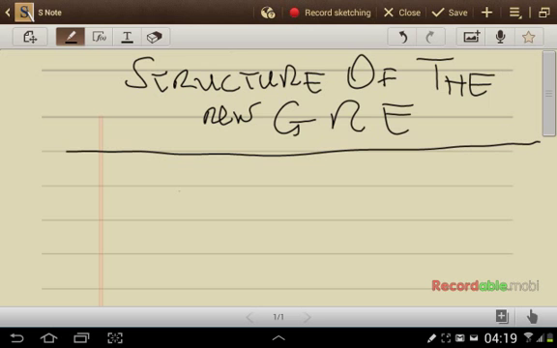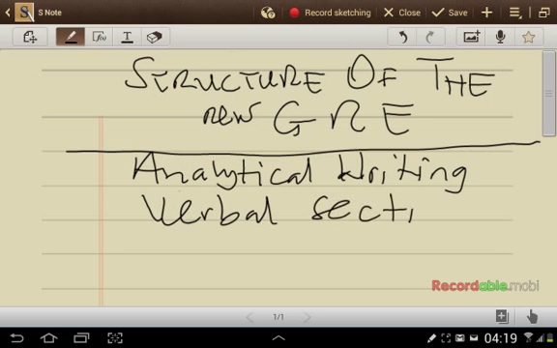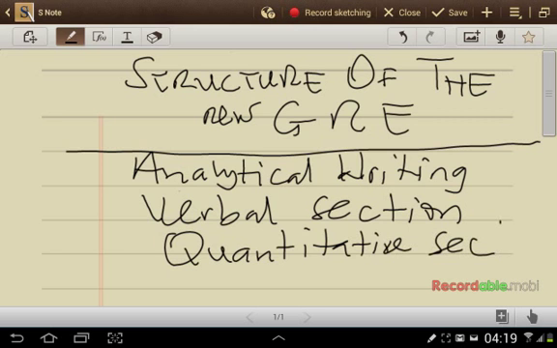So we have what we call the analytical writing, we have the verbal section, and we have the quantitative section.